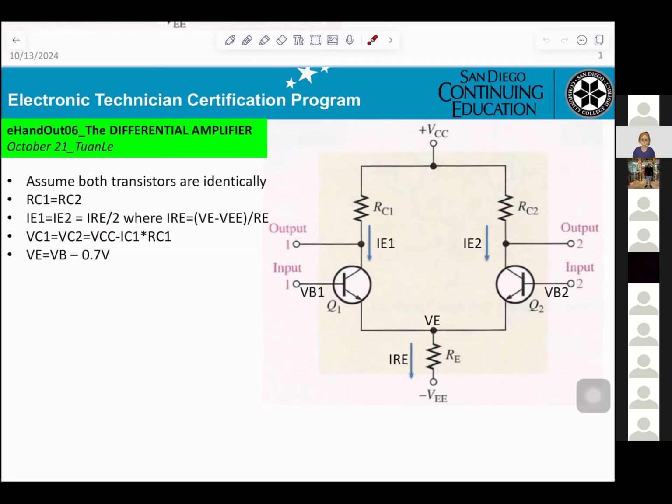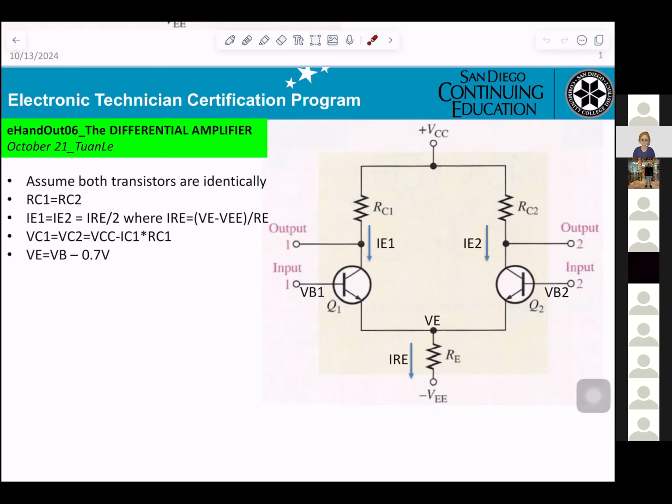That means if you want to calculate IRE, then you take VE minus VEE, divided by RE.